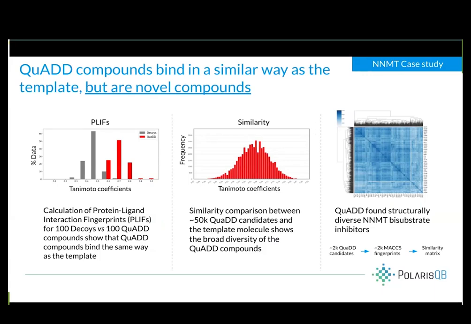So the Quad structures are binding in the same way that the template structure is, while having a relatively low structural similarity. As you can see in the middle, the average of that curve is about 0.66 Tanimoto score. So they're not very structurally similar to the template, but they are reproducing the binding interactions inside the pocket. In addition, the Quad structures exhibit varying similarities to other Quad structures in the output, as can be seen on the heat map on the right.